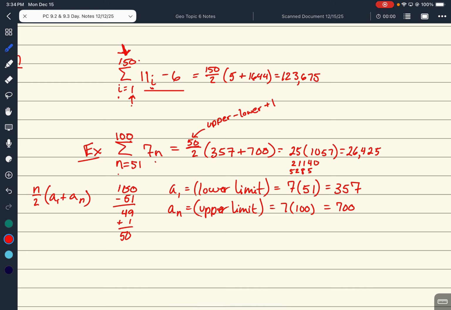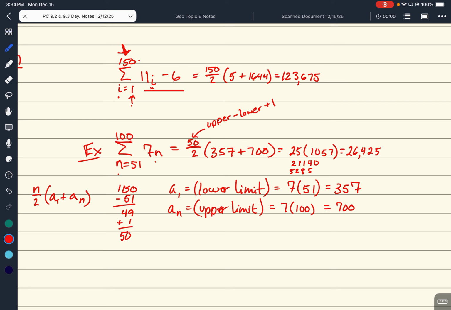I forgot to put my 0 when I multiplied by 20. Good. 26,425. Yep.